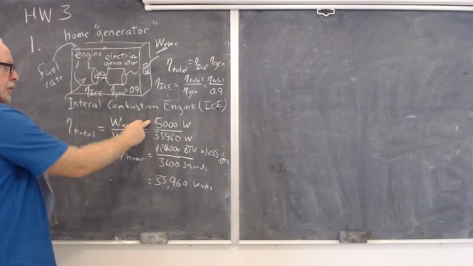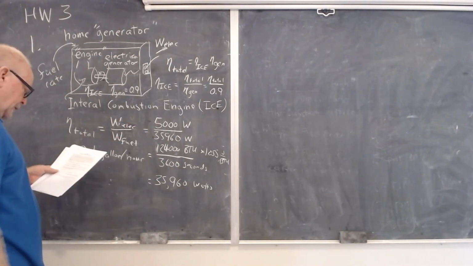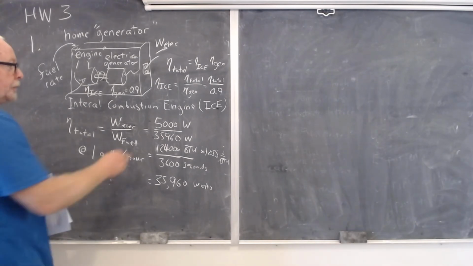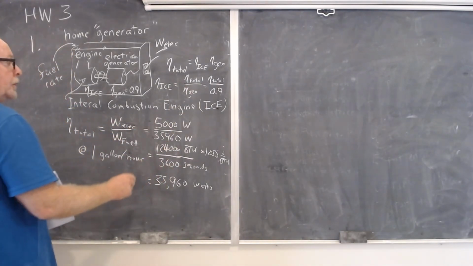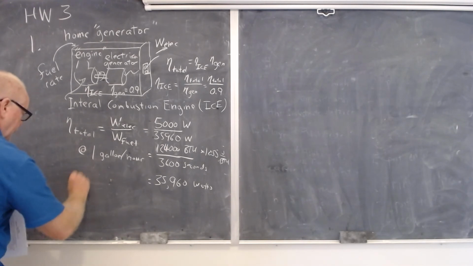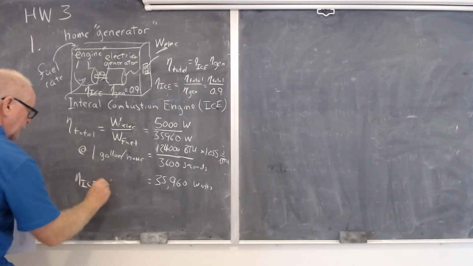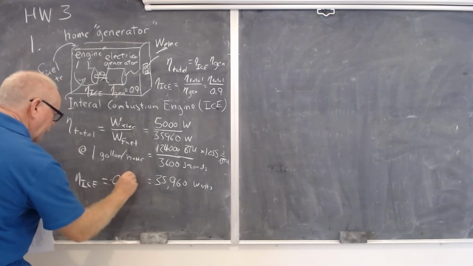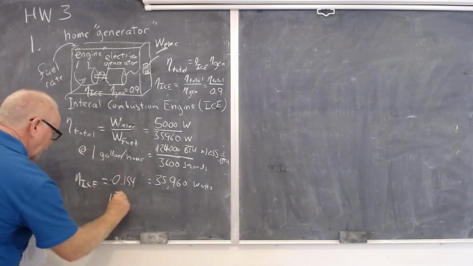So this is your electrical output divided by the fuel input, and so when you plug that all into there, you get that the efficiency of the internal combustion engine is equal to 0.154, 15.4%.